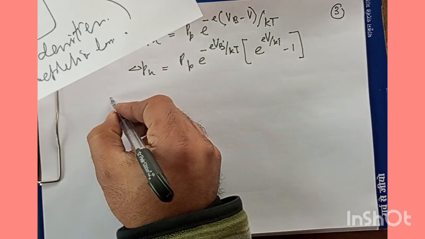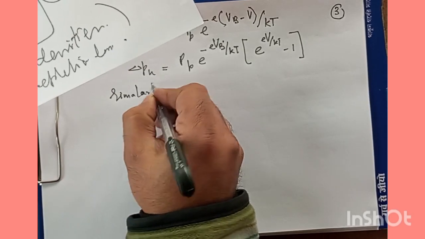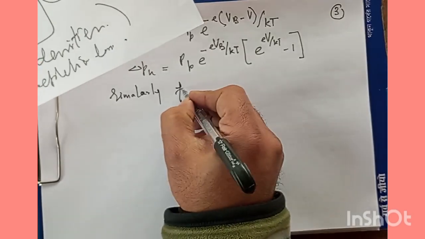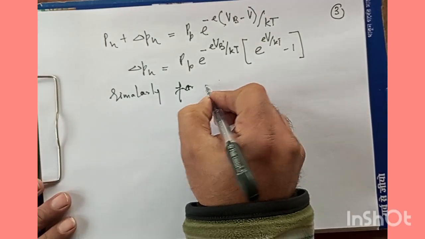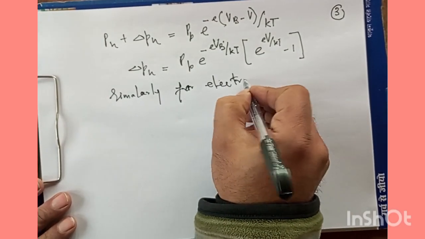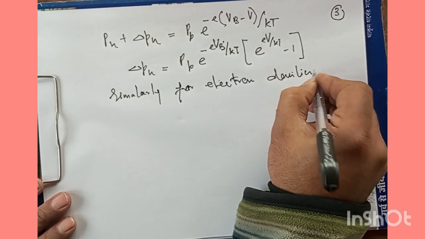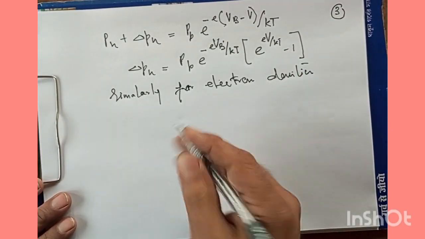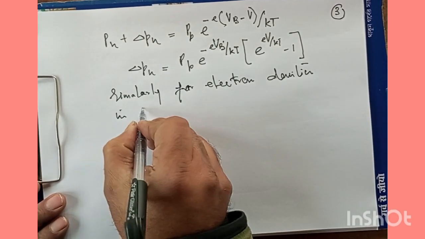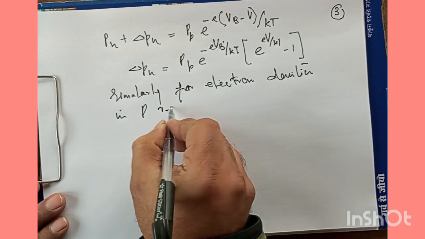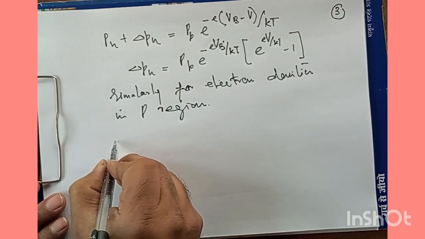So for electron densities, using a similar analysis, what are we going to get? Similarly, for electron densities in the p region, we will have the same kind of thing.